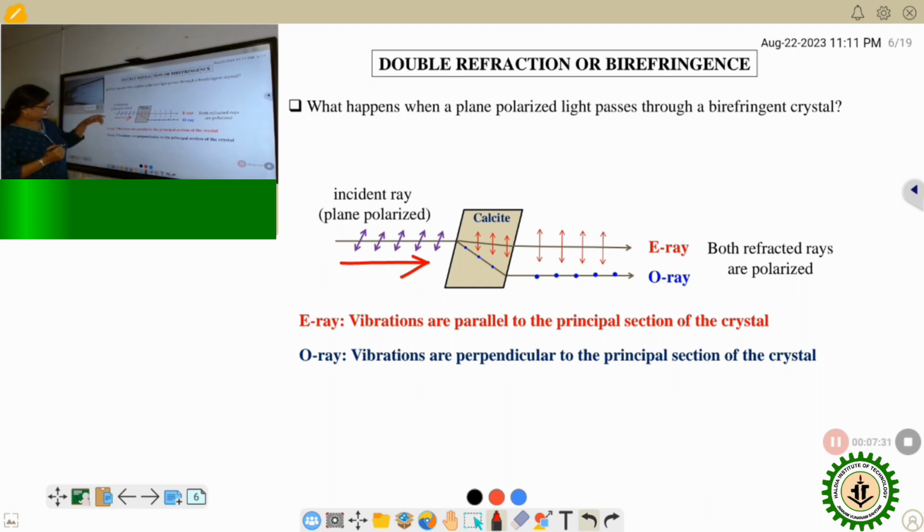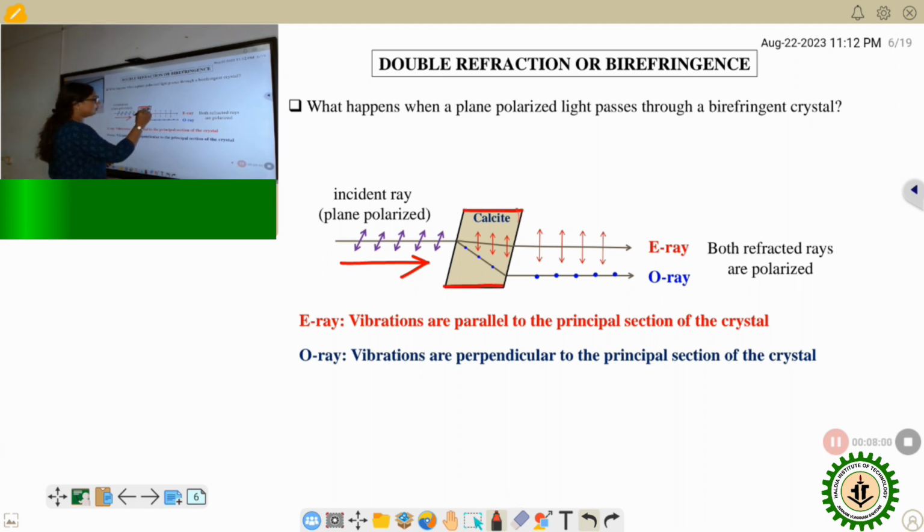I have drawn the vibrations like this to indicate that they make an angle with the axis. Now, when they fall on the crystal, they will again doubly refract into two plane polarized light. One will be parallel to the principal section of the crystal.